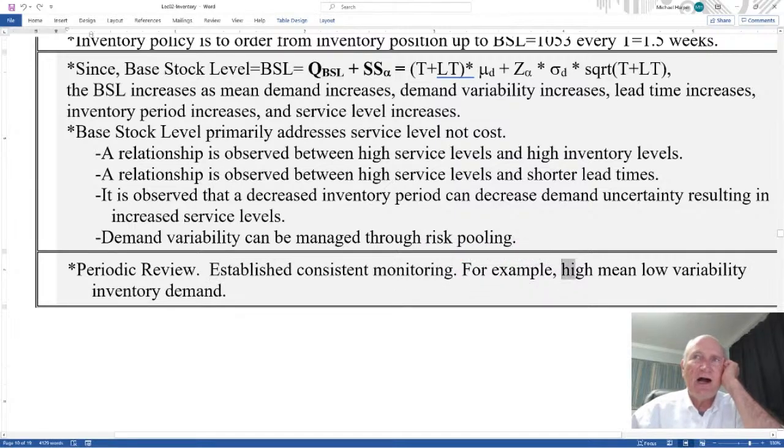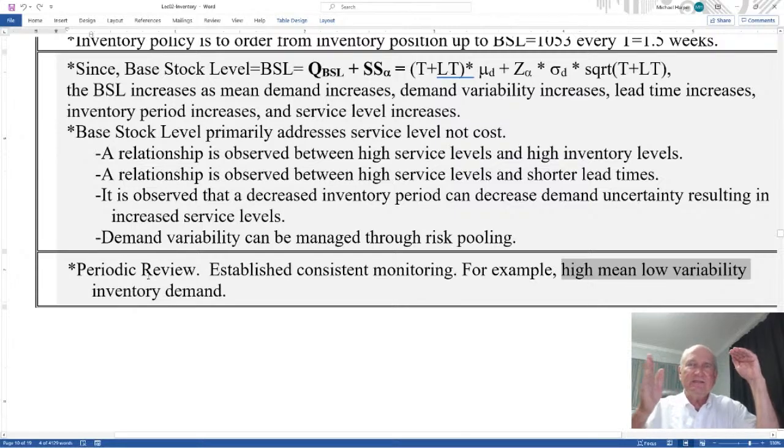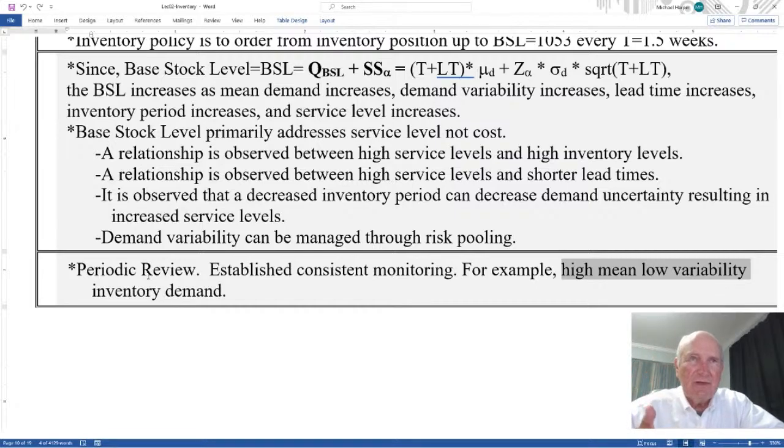So if you have a high mean with low variability, you're very safe with very consistent monitoring. With low mean and high variability, you have to be on top of it, and so you have continuous review systems. In general.